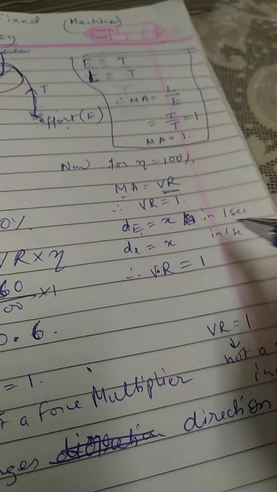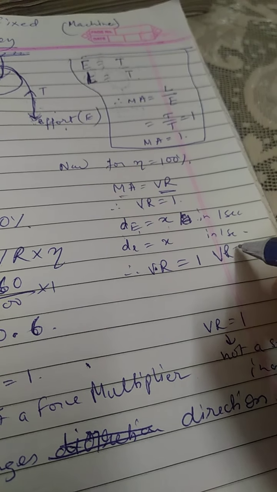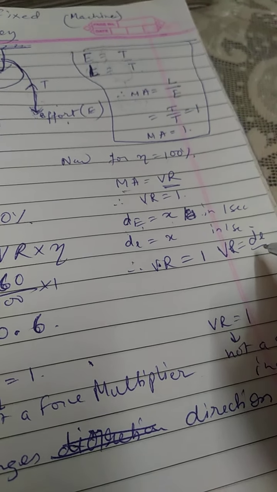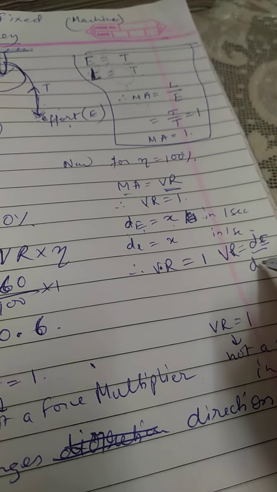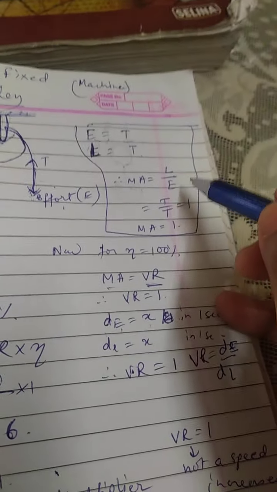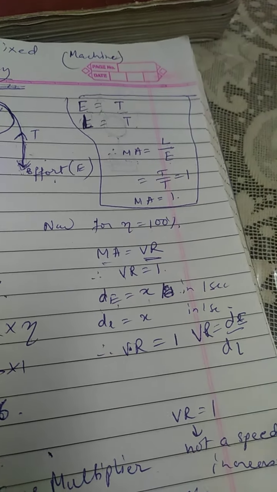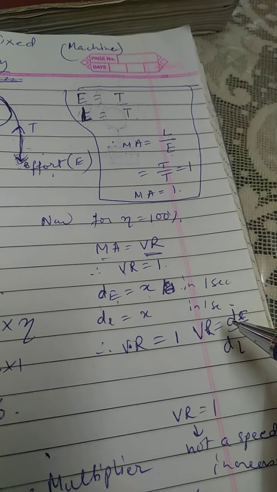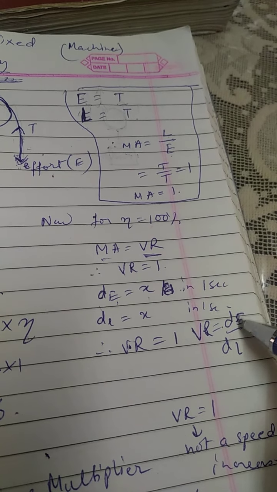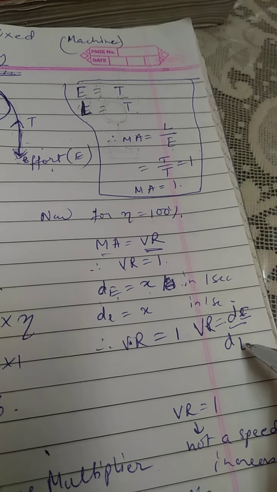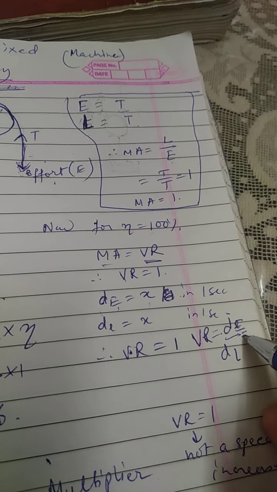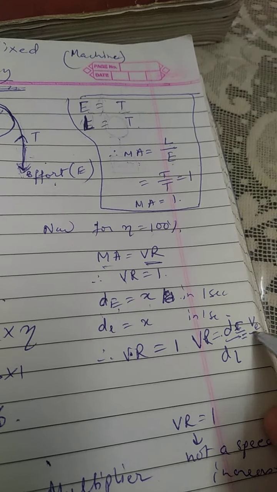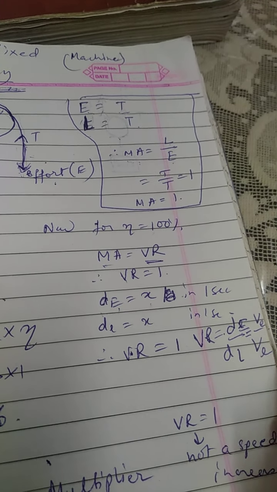So now your VR is how much? VR is equal to DE upon DL. See here, mechanical advantage is load upon effort, and velocity ratio is the distance moved by effort divided by the distance moved by the load, or we can say velocity of the effort by velocity of the load.